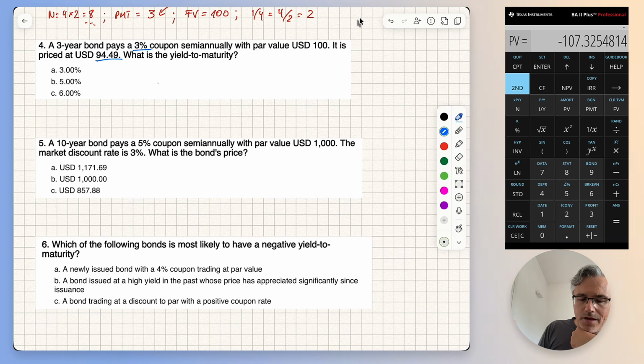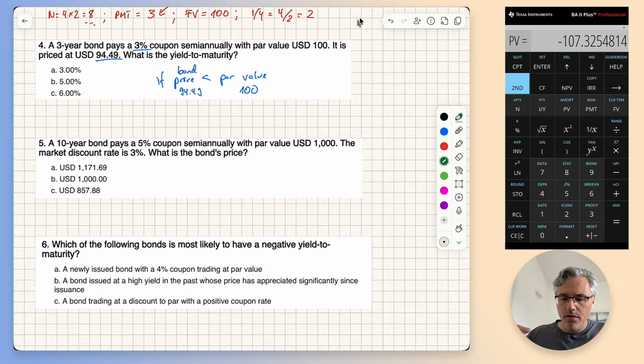So use that. If the bond price is lower than par value, as it is quite significantly, you've got 94.49 versus 100. What is that telling you? Well, it's telling you that the coupon which the bond pays is not sufficient to meet investors' expectations. So coupon rate is not enough to cover the required rate of return.